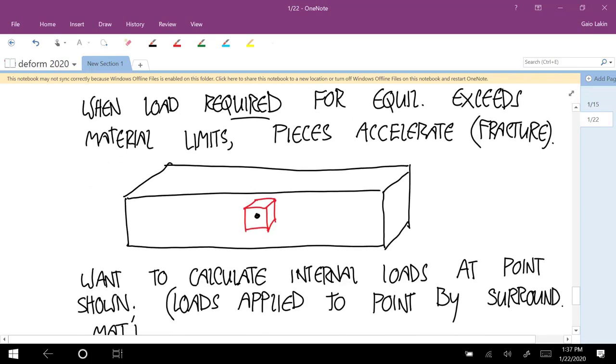Well, first, if you have forces acting all over this big object, do you think those loads would change depending on the size of that box? If you stretch this box out all the way to the surface, those loads would be one thing.